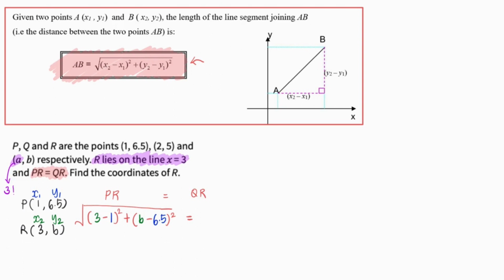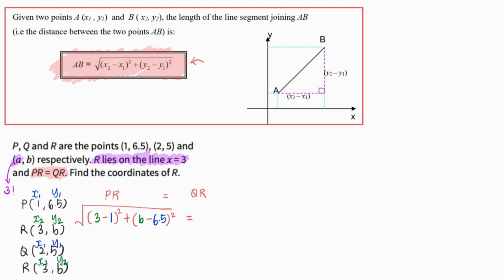So for my Q and R, I'm going to replicate here. Q would be 2, 5. Again, my R, 3 and B. So in this case, x1, y1, x2, y2.